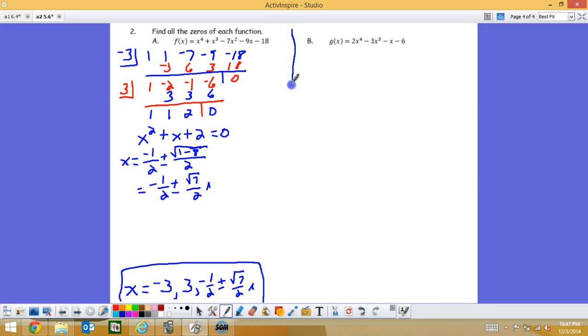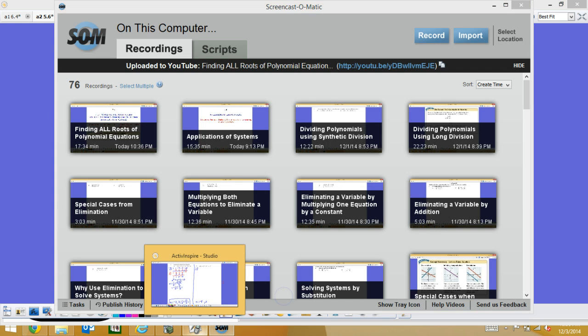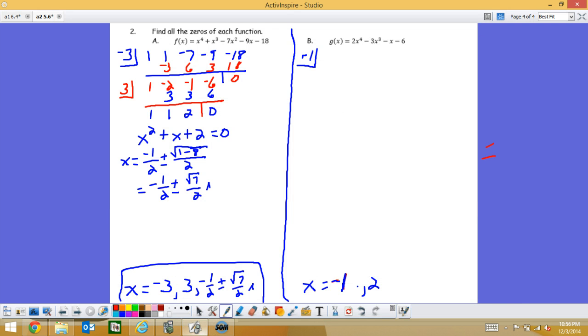Okay. And lastly, okay, now I made some horrible, dastardly mistakes once again. So I'm erasing what we've done, and we're going to start this problem over again.